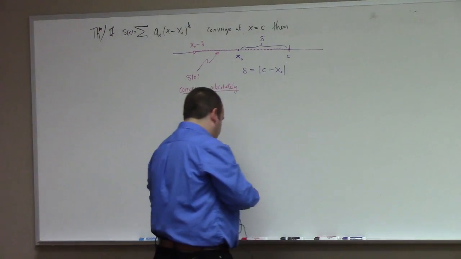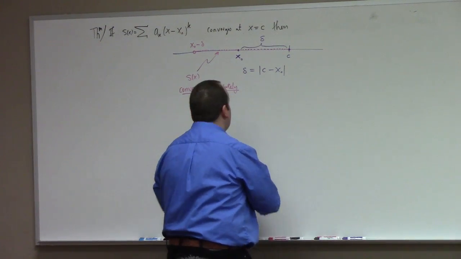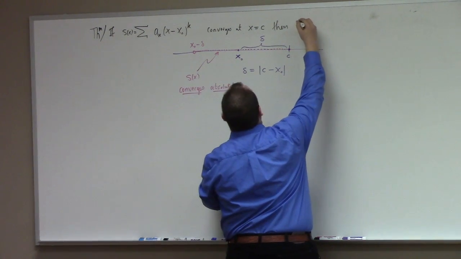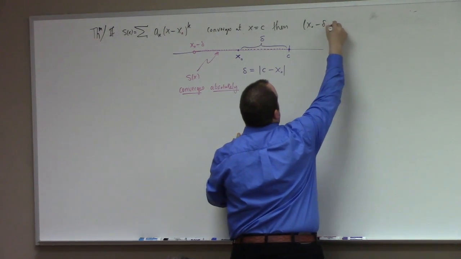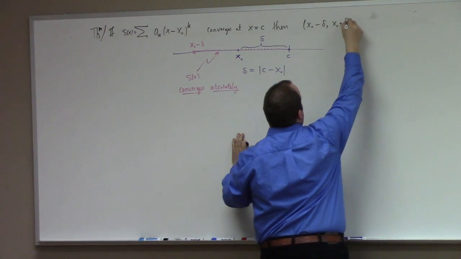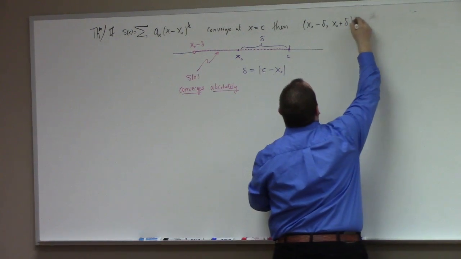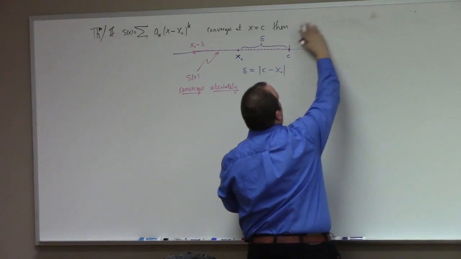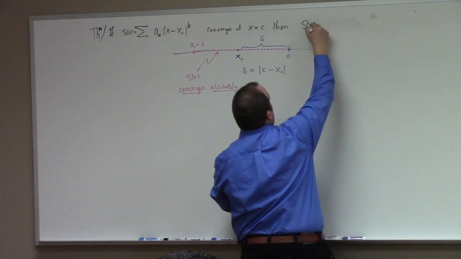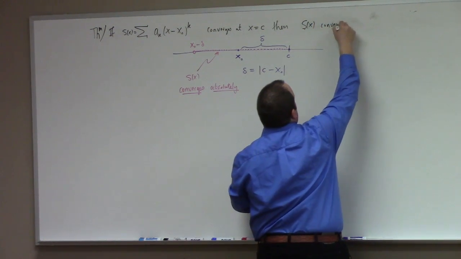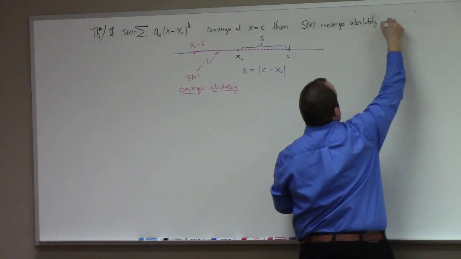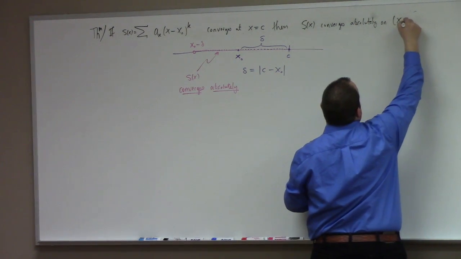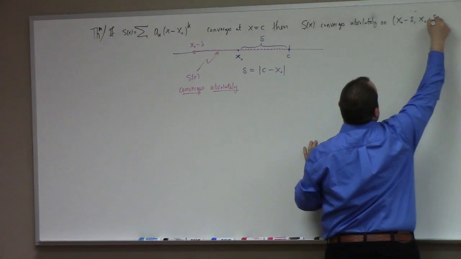So in other words, just put it in words here. Let's say the interval x naught minus delta to x naught plus delta. Then s of x converges absolutely on this interval, x naught minus delta to x naught plus delta.